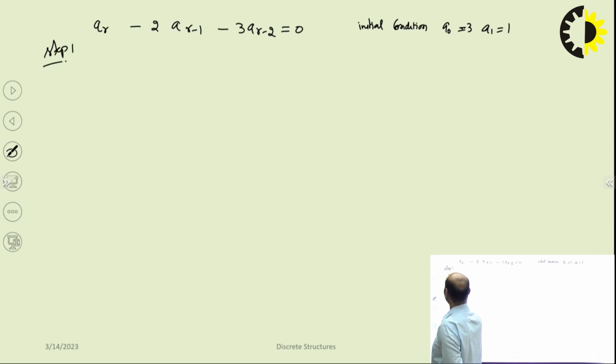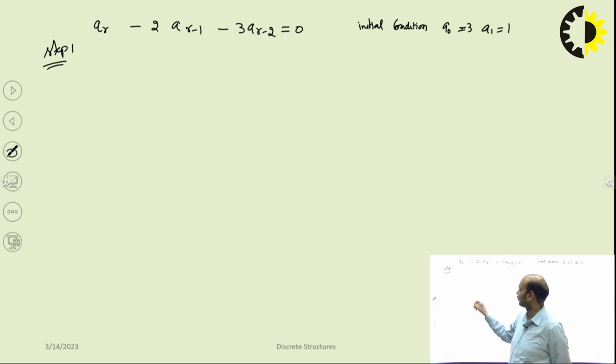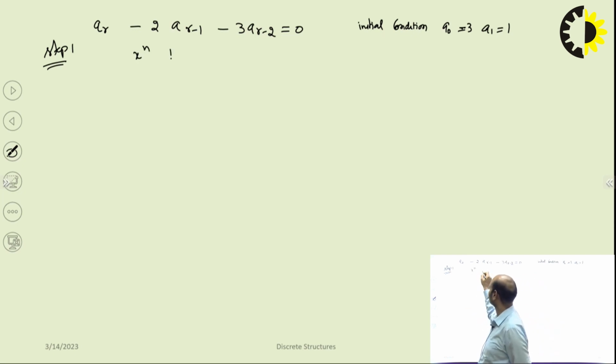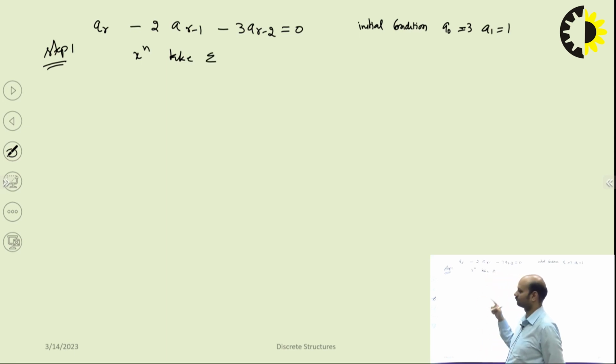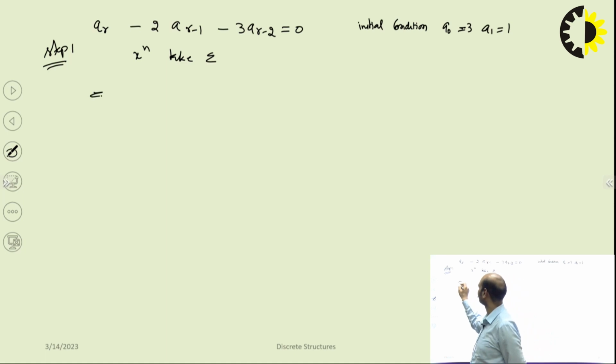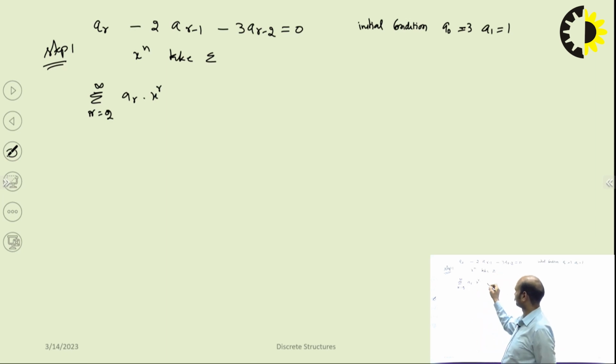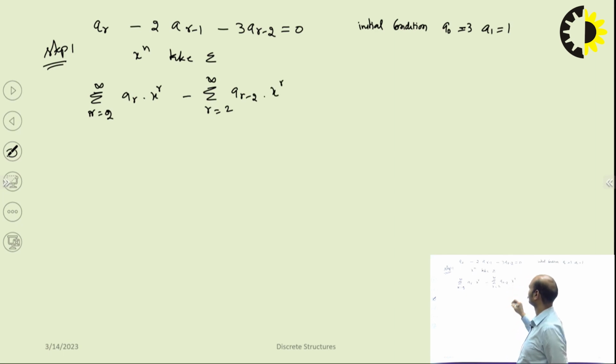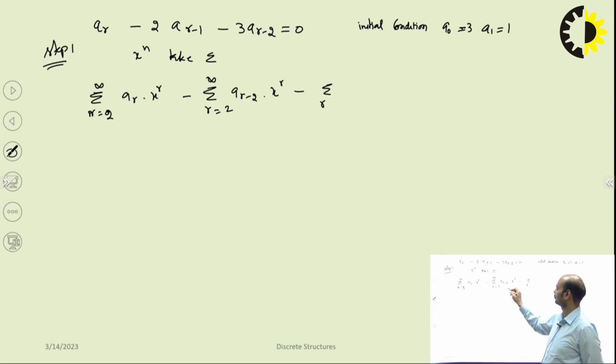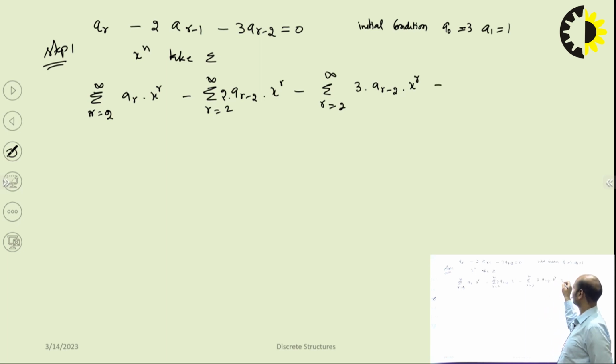Step 1: we multiply this equation with x to the power r and take the summation of all the terms, that is summation r equal to 2 to infinity a_r x^r, minus summation r equal to 2 to infinity 2 a_(r minus 1) x^r, minus summation r equal to 2 to infinity 3 a_(r minus 2) x^r, equal to 0.